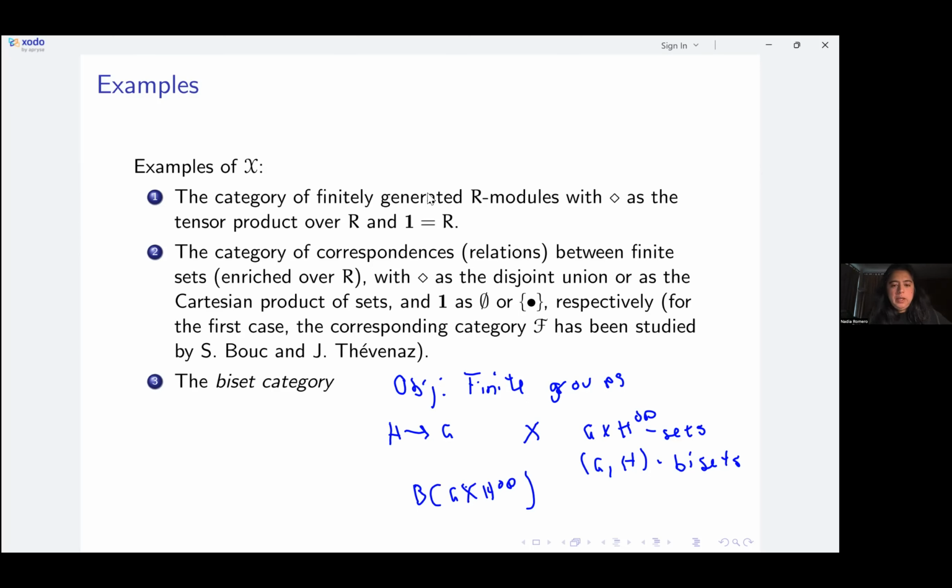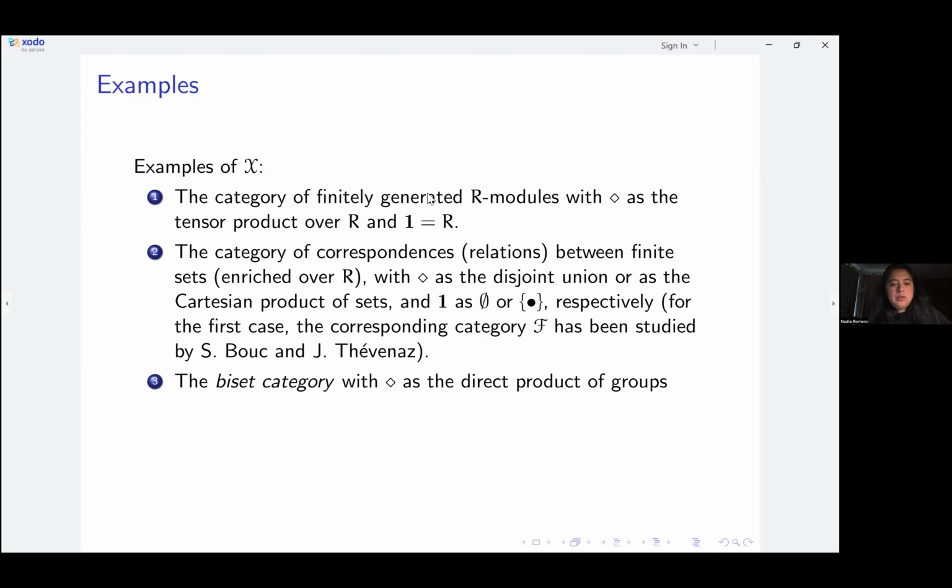So again, we're considering this arrow, so we have to define a composition, we have to define identity morphisms, and everything works fine. This is an essentially small category. And the monoidal structure is just simply given by the direct product of groups. So in this situation, we have another example of X.